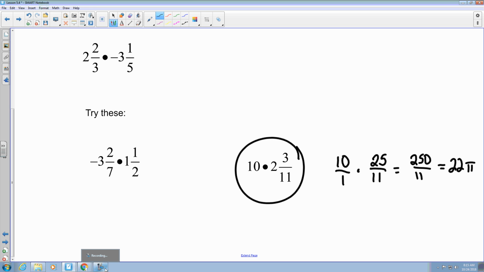And then I put it over here. So 22 times 11 is what, 242. 250 minus 242 gives us 8. So I have either 22 and 8/11ths or 250 over 11.